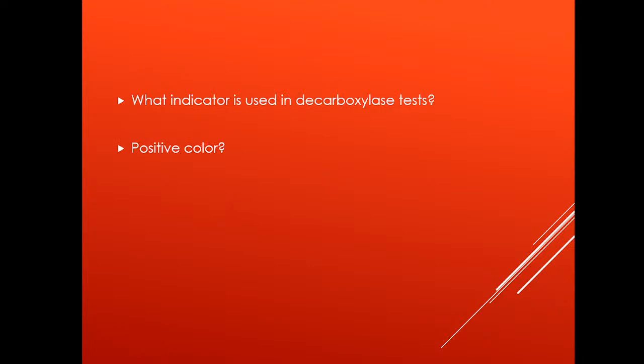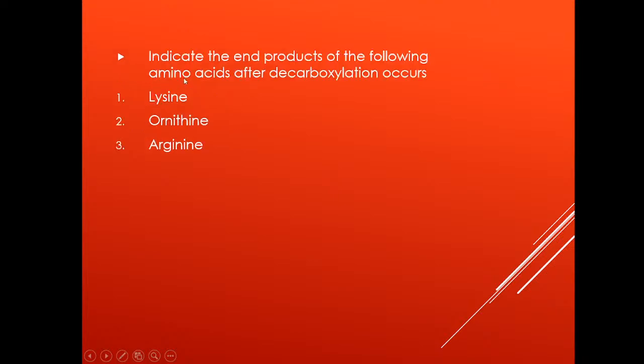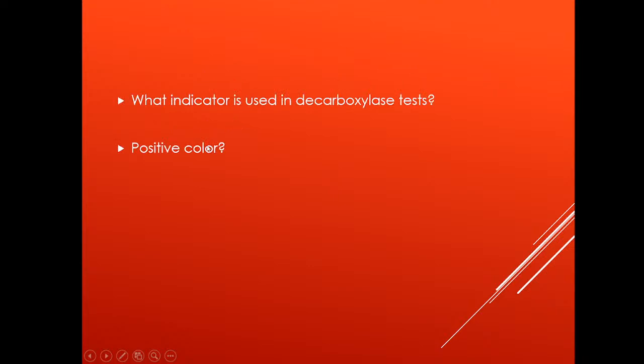The reason why I told it is not because I just wanted to swear, but because I want you guys to remember. All right, so ornithine and arginine produce putrescine, while cadaverine is the end product from lysine decarboxylation. Now, the indicator used for decarboxylase test is bromocresol purple, again, as I mentioned before.